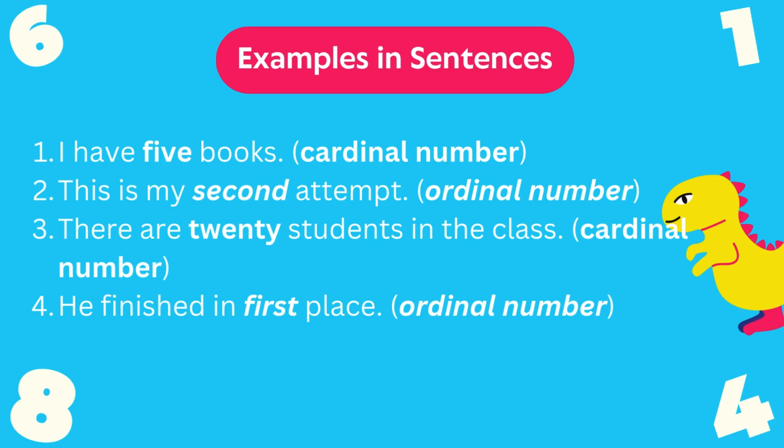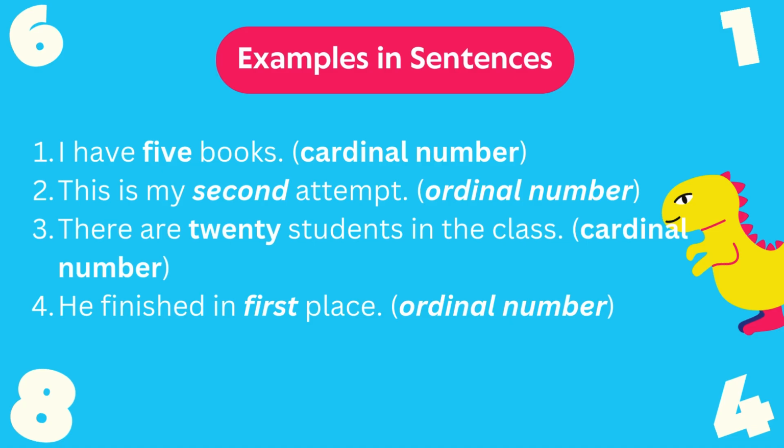It tells us how many books I have. The second example, this is my second attempt. Second is an ordinal number. It tells us the order of the attempt.